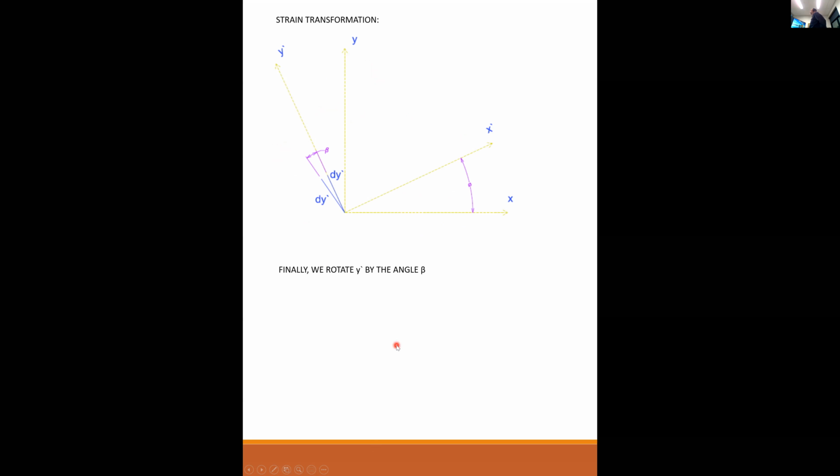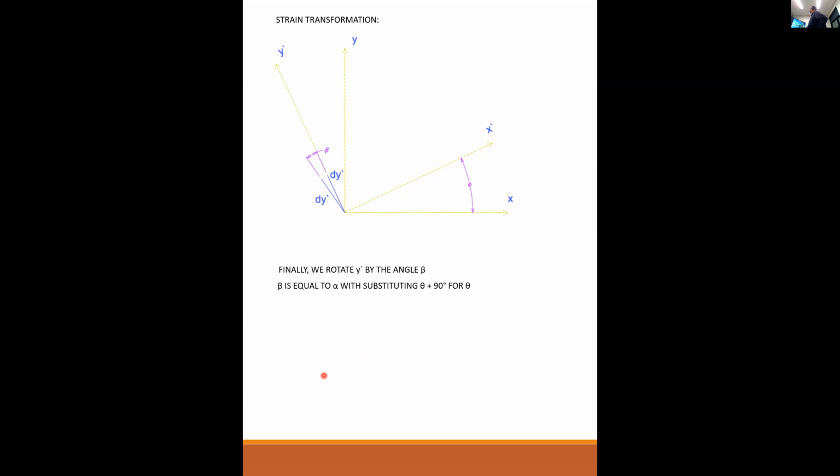And then finally, we need to find the components of gamma prime. So we rotate gamma prime by the angle beta here. Beta is equal to alpha with substituting theta plus 90 for theta. Okay, let me back up here a second.